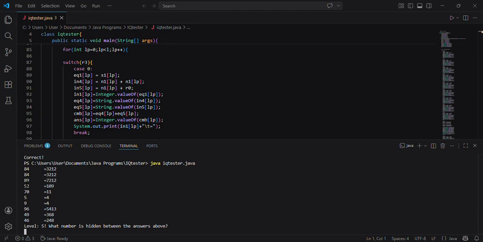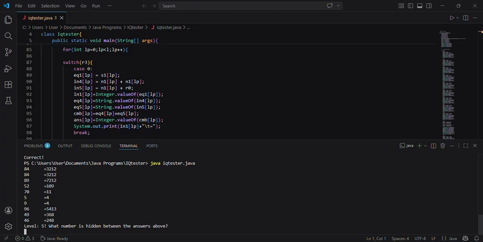Similarly, we go down, 8 and 9. 8 multiplied by 9 is equal to 72, and 8 plus 4 is equal to 12.